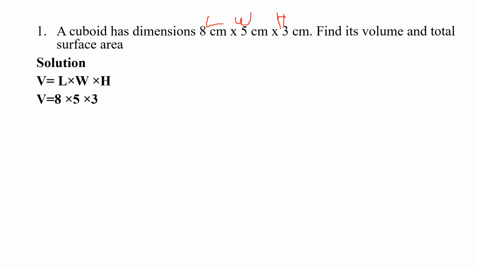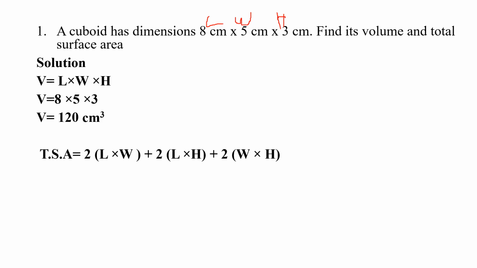Then we substitute for L, W, and H. 8 times 5 times 3, we get 120 cubic centimeters.